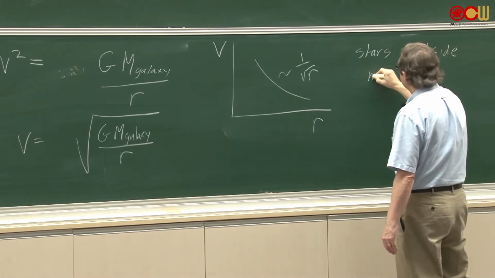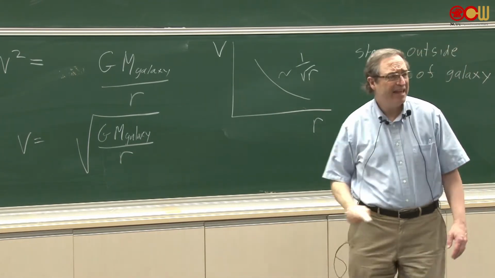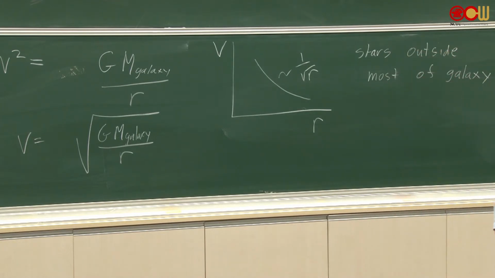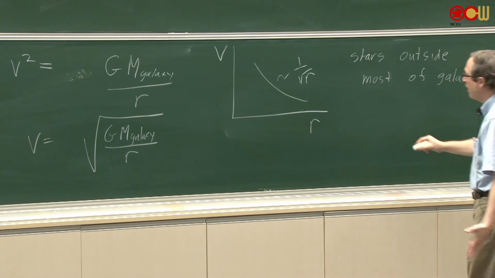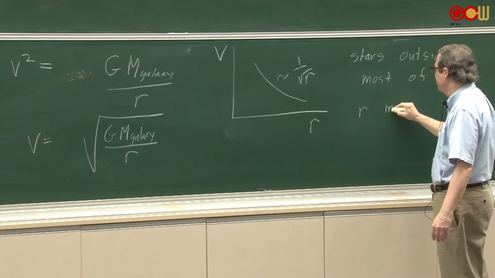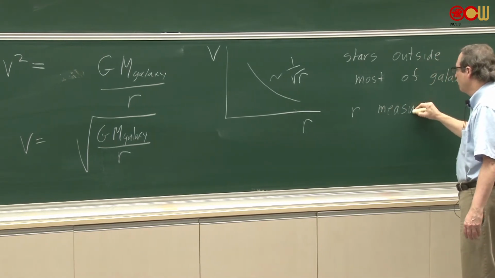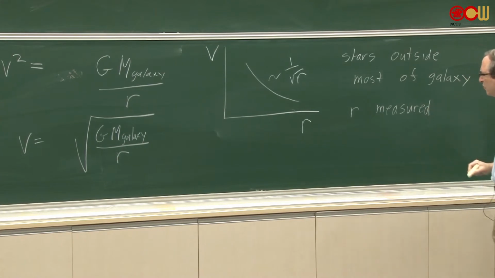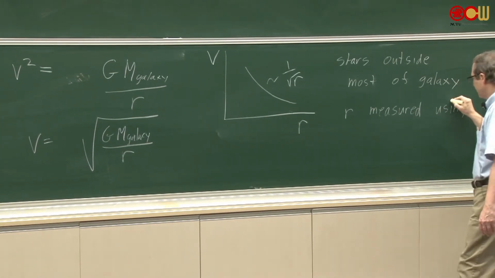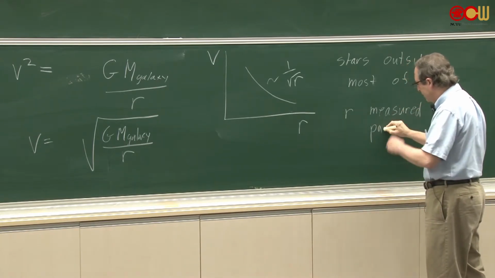Now, how do you measure these things? How do astronomers actually measure this? So r can be measured within a galaxy using what's called parallax. I won't go into the details.